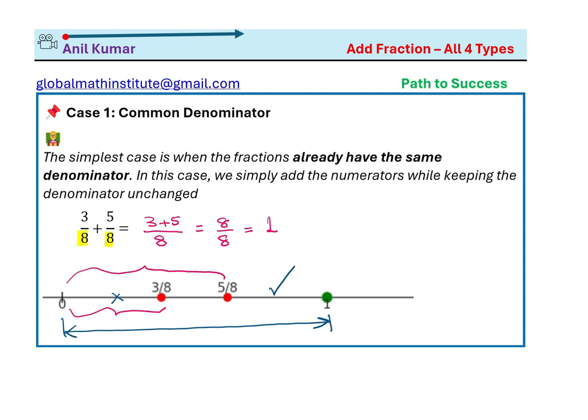And you'll find after 5 eighths, when you put 3 eighths, you will land at 1. So that is a practical way of doing it. So try it out with the other examples so that you have a visual way of checking whether you got the right answer or not. Makes sense, right? Okay, great.